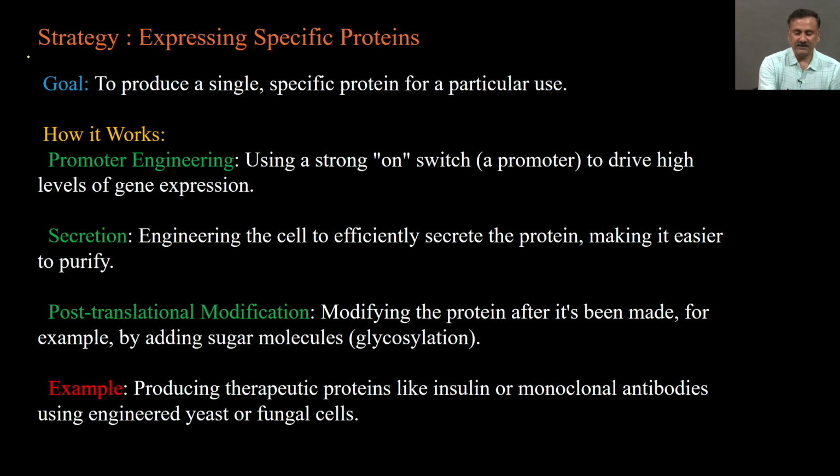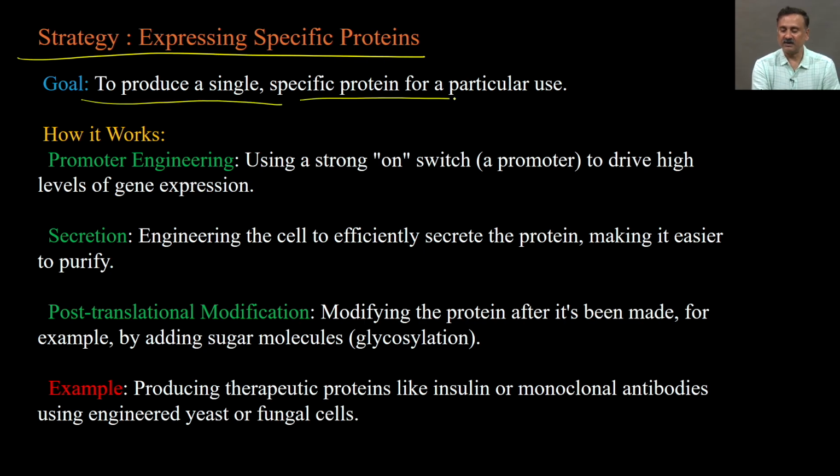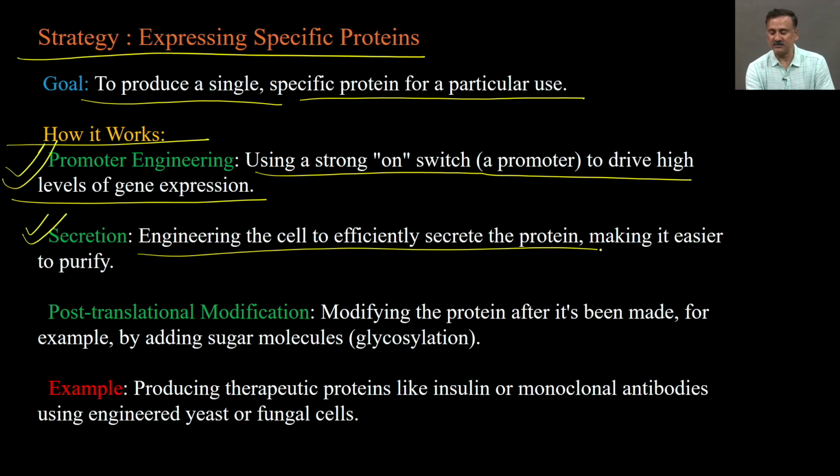Then you also have strategy number 3, expressing specific proteins. The goal is to produce a single specific protein for a particular use. How is it going to work? You do promoter engineering, using a strong on-switch promoter to drive high level gene expression. You can also do secretion, engineering the cells to efficiently secrete the protein, making it easier to purify.